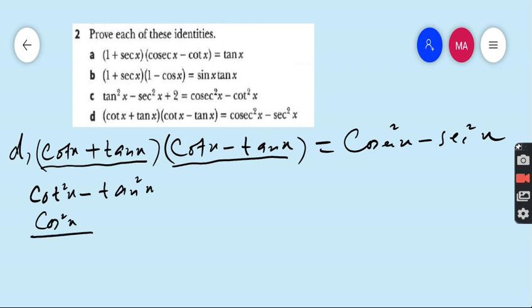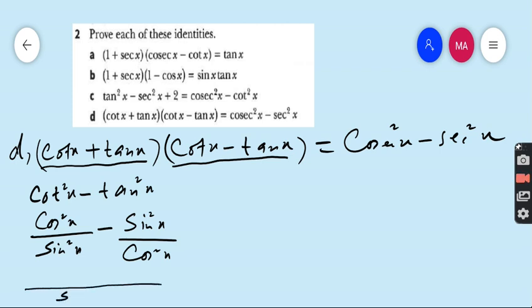Cot square x is cos square x upon sin square x, minus tan square x, which is sin square x upon cos square x. Taking the LCM, sin square x cos square x. Sin square x cancels sin square x, so this cos square x multiplied by cos square x is cos 4x.